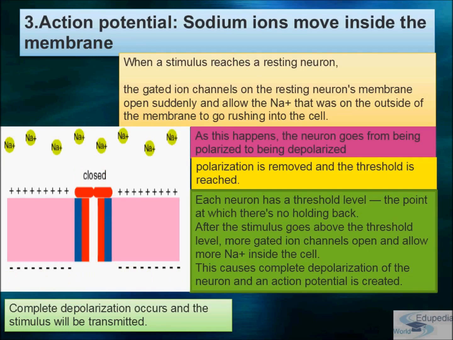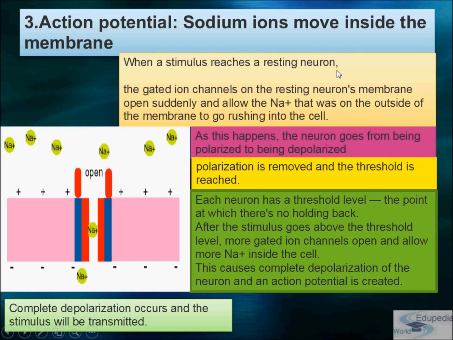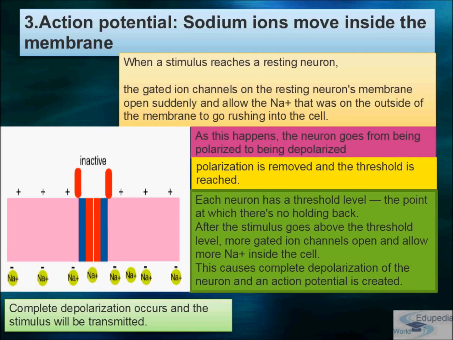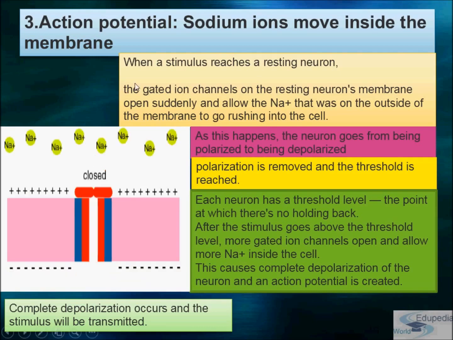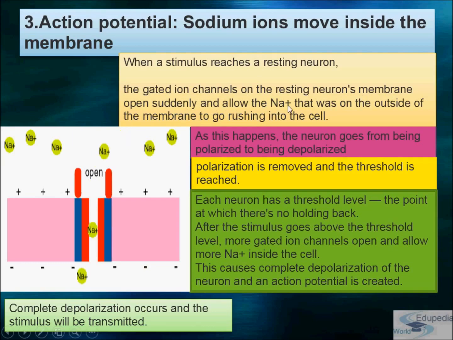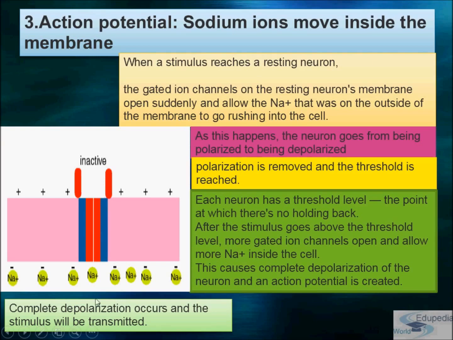What does action potential mean? When a stimulus reaches a resting neuron, a neuron in the resting condition taking a break, the gated ion channels on the resting neuron membrane open suddenly and allow Na+ ions that were outside the membrane to rush into the cell.